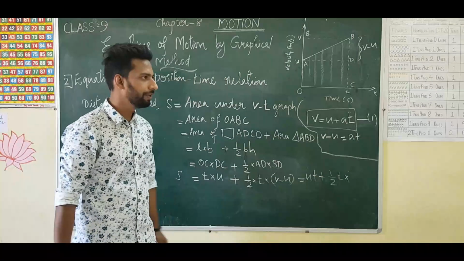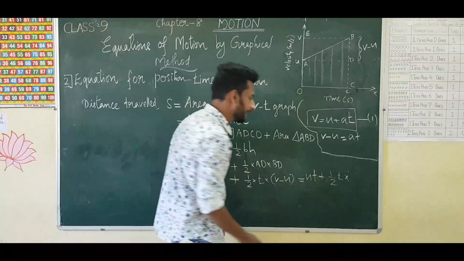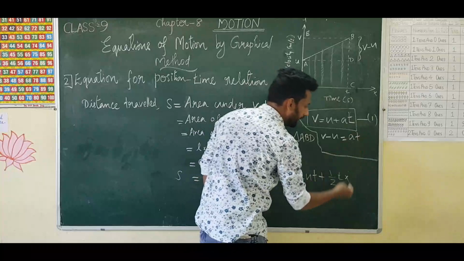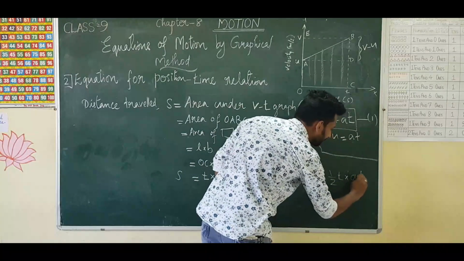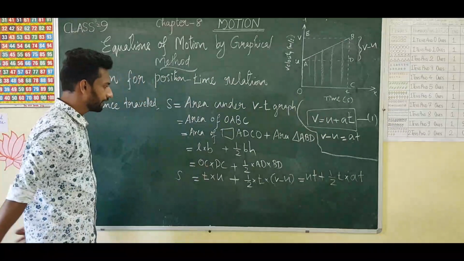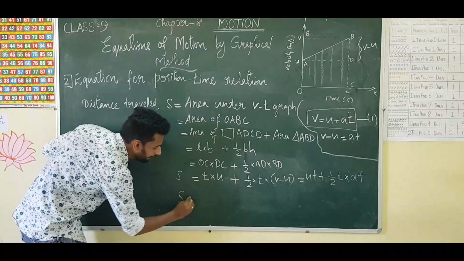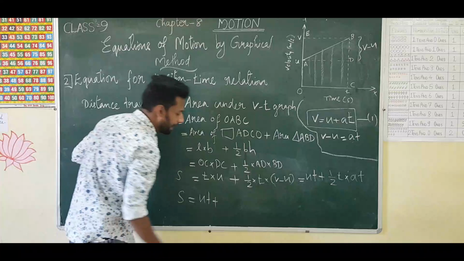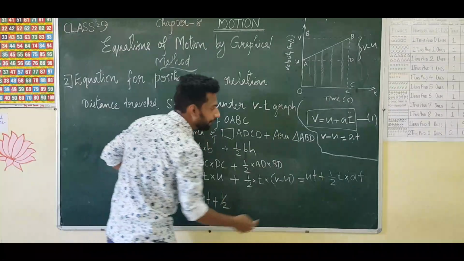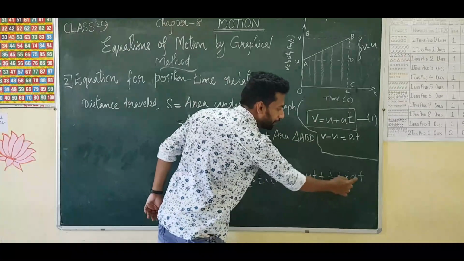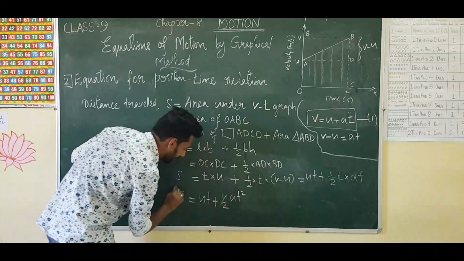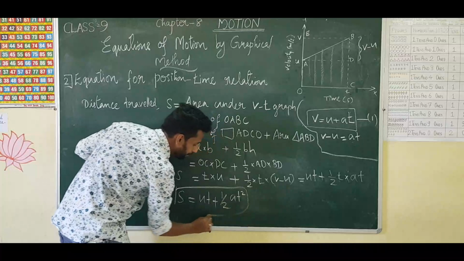So substitute that V minus U here, instead of V minus U we write AT. Now just compare the equation: S equal to UT plus half into A into T, and T into T is equal to T square, so half A T square. So this is the second equation of motion.